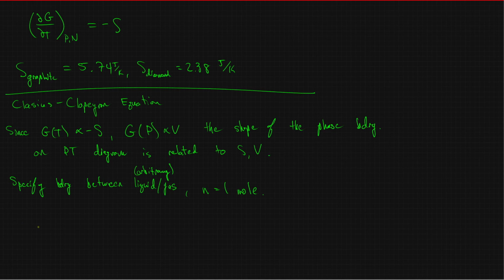Are they maybe equal to each other? Yes, indeed they are. So if we're on the boundary, then it must be the case that these two things are equal because they're supposed to be equally likely at the phase boundary, right?